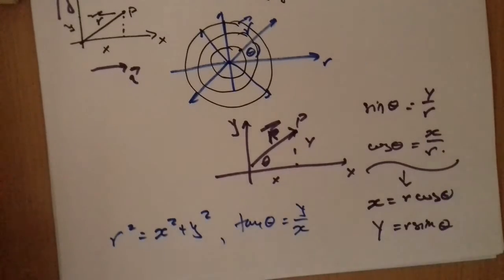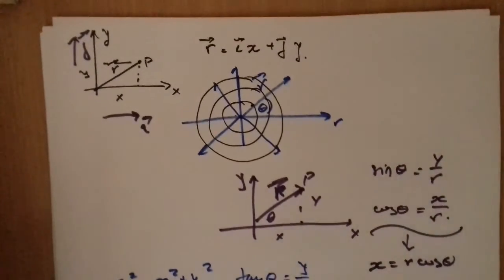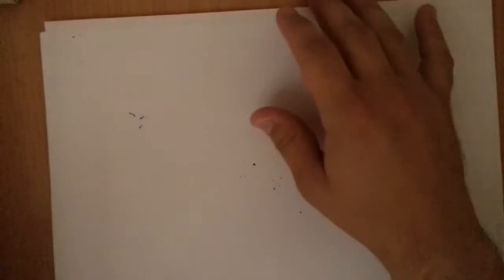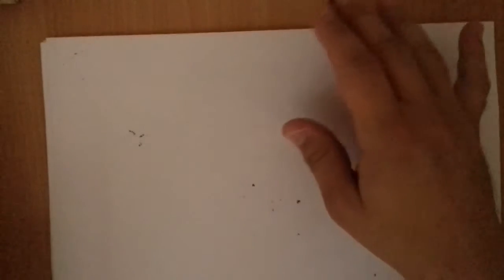If you want to find the angle, we have y, we have x, we divide those two and we can find the angle theta and the relationship between those two.